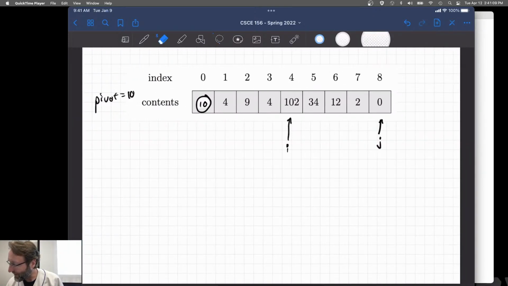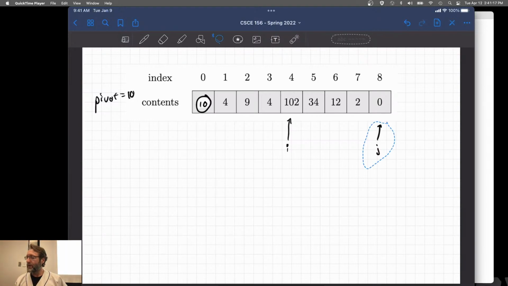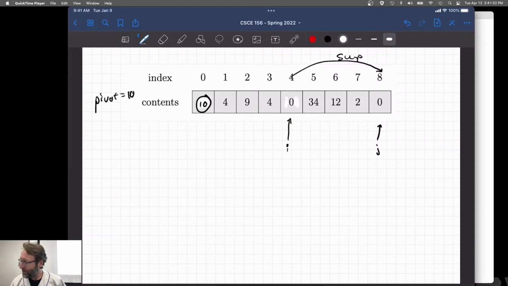Then I'm going to have to erase you too. I have my J over here. 0, is that on the correct side or not? Nope. So I'm done, and what do I do? Swap. And now I have 102 and 0, so 0 and 102.